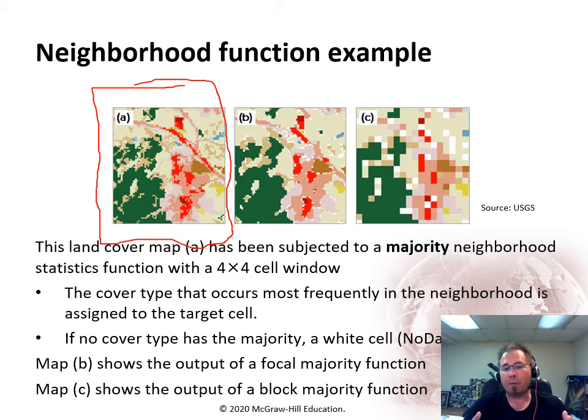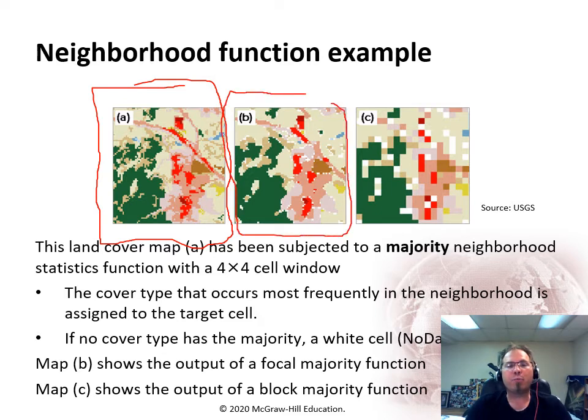Or it could just blow up your machine, so to speak, because there's just too much information to convert to polygons. It could take forever. So what you can do is run a majority neighborhood statistic, in this case in a 4x4 cell window. What that does is it takes the cover type that's most frequently in that neighborhood and assigns it to the target cell.